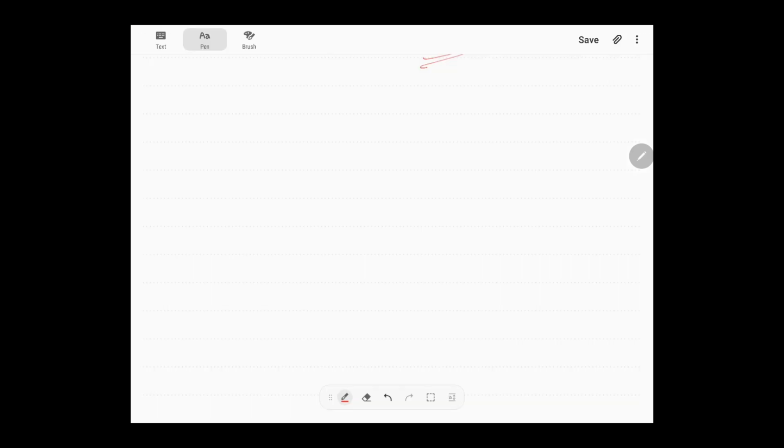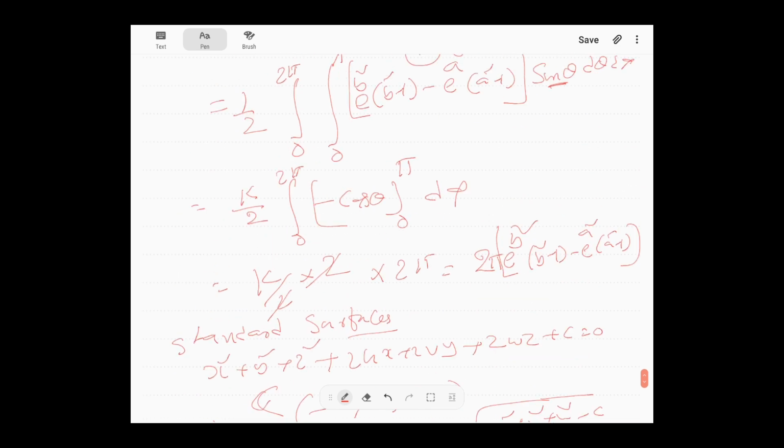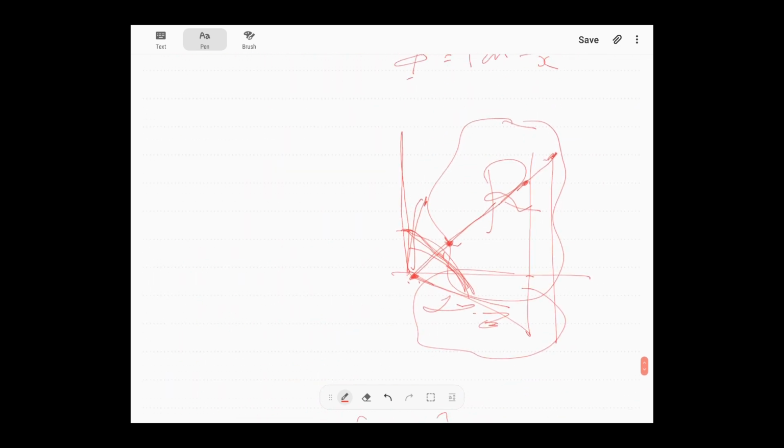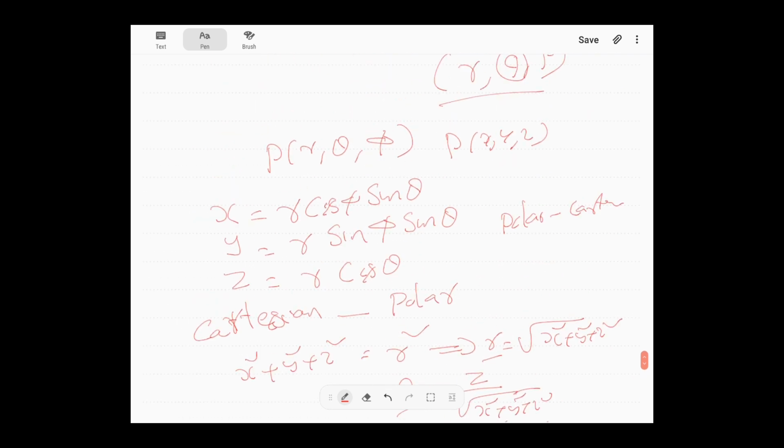If you remember, the Cartesian coordinates I have already given you at the beginning. So these are x and y. What is x square plus y square? If I square it, x square plus y square is r square sine square theta, taking common, cos square phi plus sine square phi is 1.